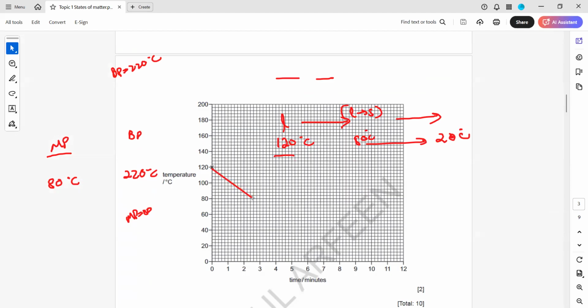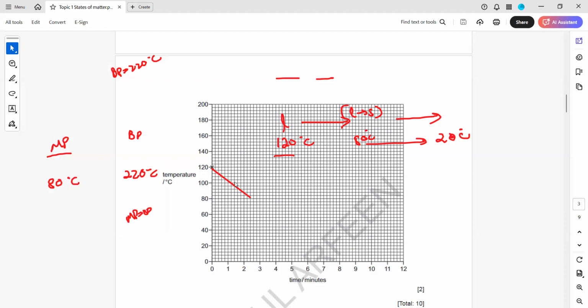Once it reaches 80. Someone asks what it is between. It's not kinetic. From 120 to 80, focus on this question. We are doing it right now, otherwise you will lag behind and ask the same question again. After this question. So we have from 120 to 80, the substance is liquid.